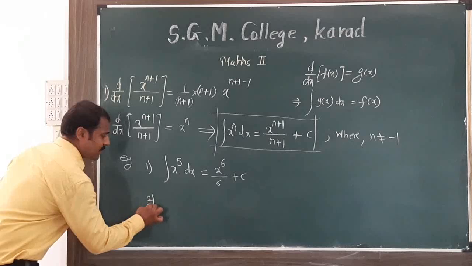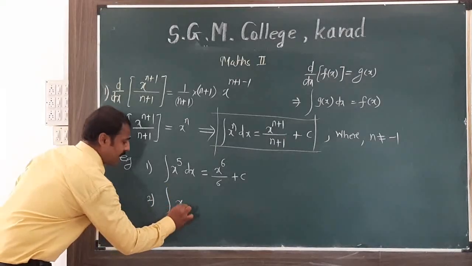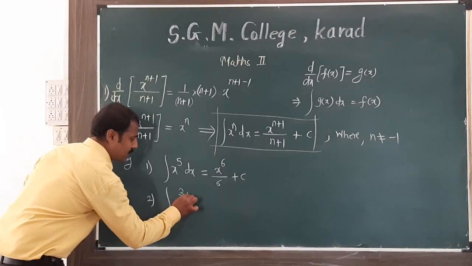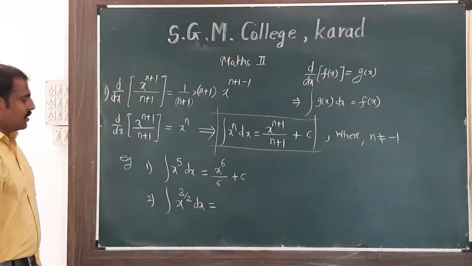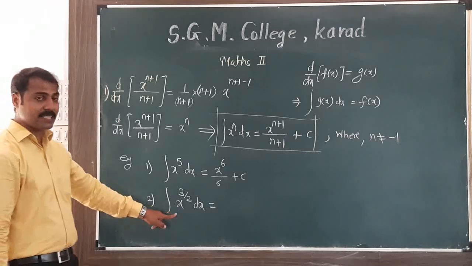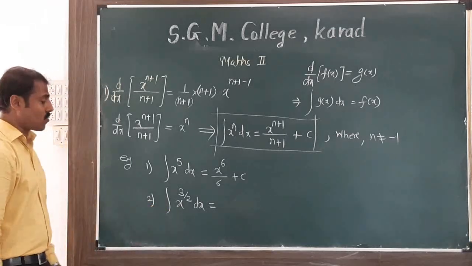Take another example. Integration of x raised to 3 by 2 dx is equal to, look here, the base is x and the power is 3 by 2, a constant.